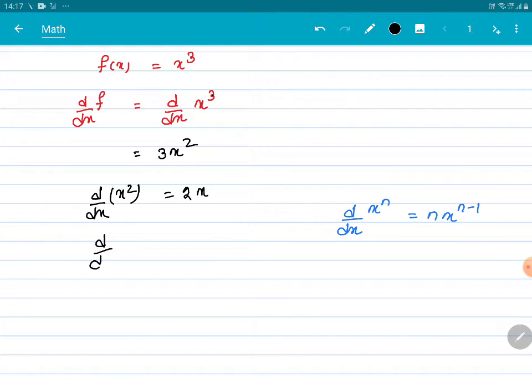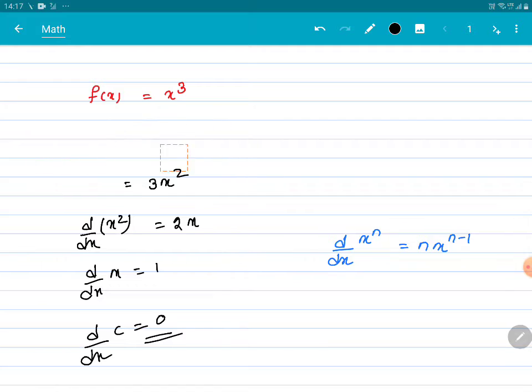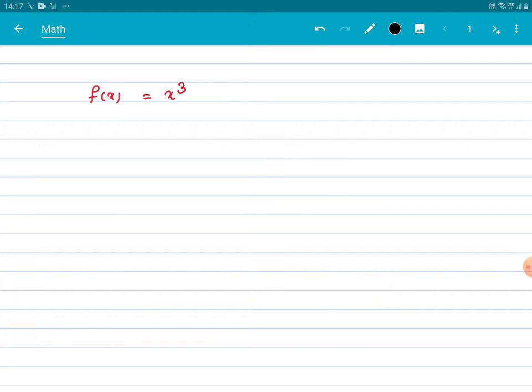The derivative of x is 1. What is the derivative of a constant? If no variable is there, then it is 0. Clear? But what about a partial differential equation? Suppose del f by del x. Now you write the derivative of x cube, which is 3x square.